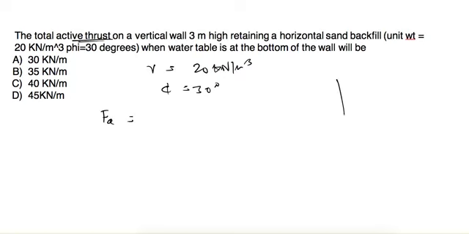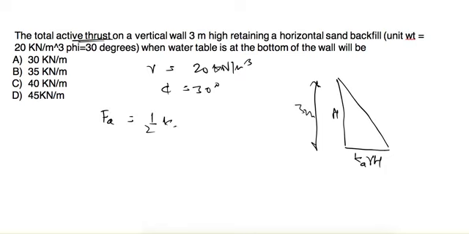In case of a wall, this is 3 meter high, so we know that thrust is equal to the area of this diagram, and here this is equal to Ka gamma H, and if this is H, then Fa is equal to half Ka gamma H square. Now for phi equal to 30 degree, Ka will be (1 minus sin 30) upon (1 plus sin 30), that is equal to 1 by 3.